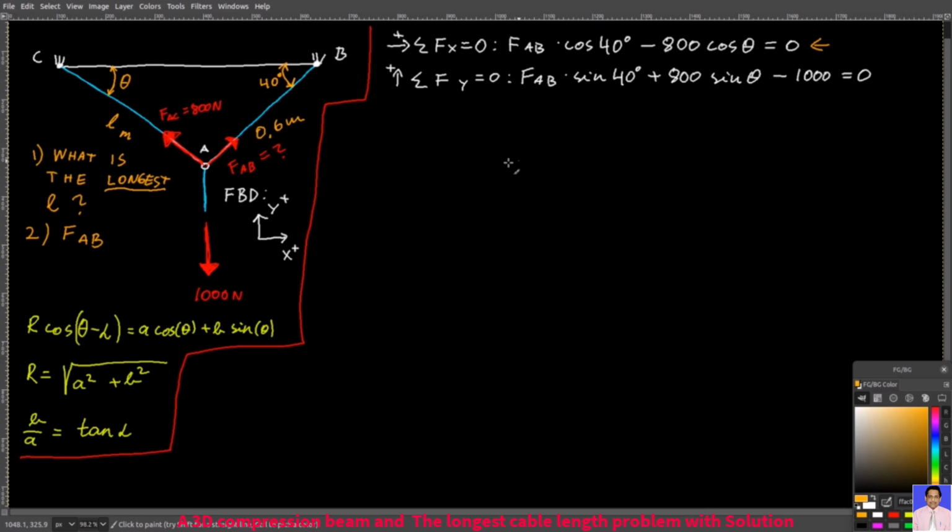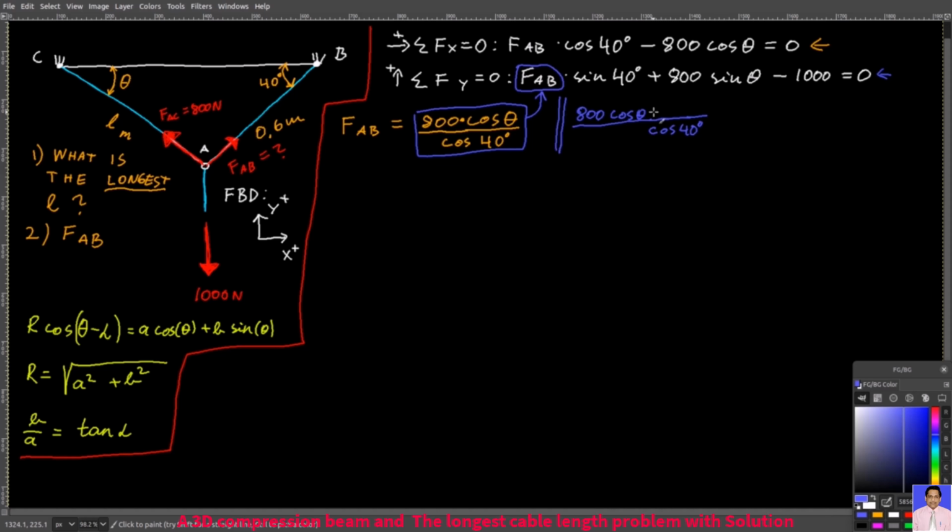Now, if we take this first equation, then you can rewrite it like this. FAB equals 800 times cosine theta divided by cosine 40 degrees. Then I will take this expression and I will put it here. And so I will rewrite the second equation like this.